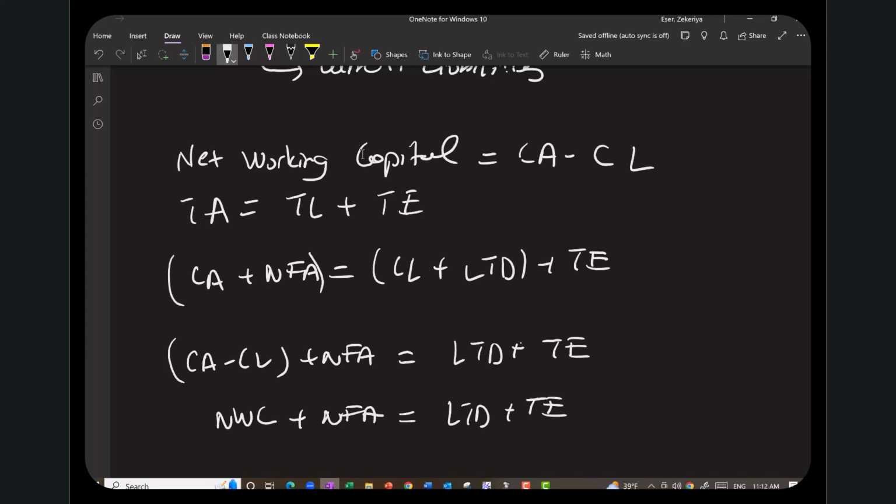It's the same identity, it's just a different way of looking at it. Sometimes I may give you net working capital and current assets and some other stuff and ask you to figure out net fixed assets.